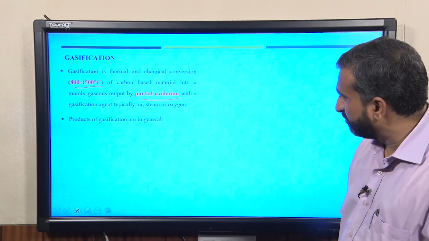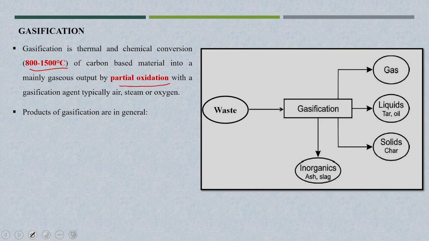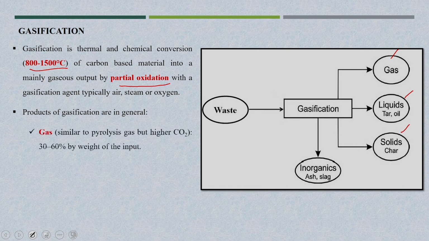And what are the products? The same way as in the pyrolysis process, gas, liquid and solid. So, obviously we are calling it the gasification process. The gas concentration is more, the quality will be similar but the quantity is more, 20 to 60%.